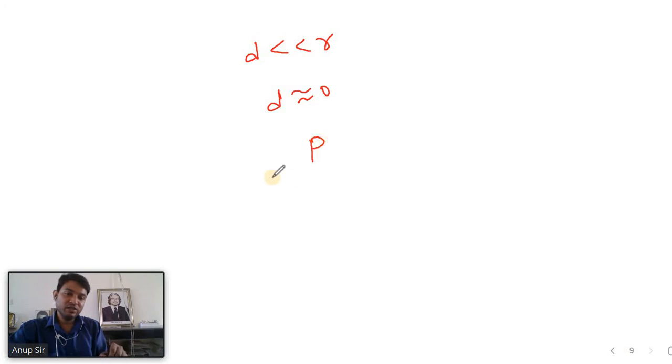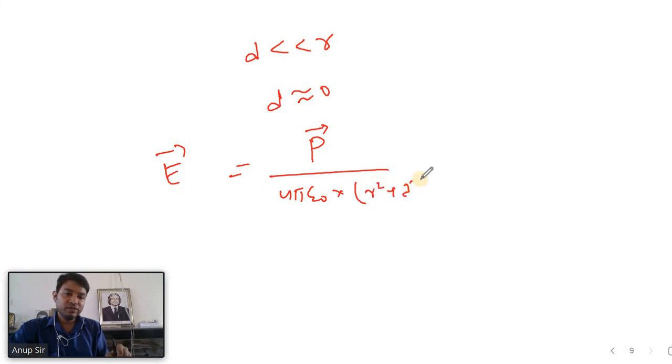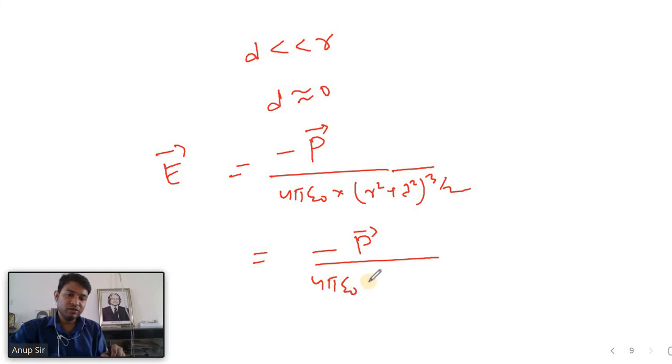So the expression is E equal to minus p divided by 4 pi epsilon naught r square plus d square to the power 3 by 2, and here there is a minus sign. So it simply becomes minus p divided by 4 pi epsilon naught r cube.